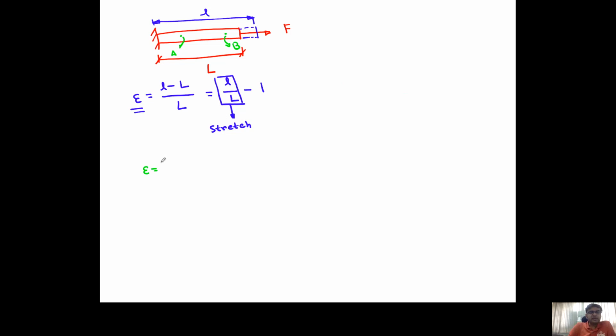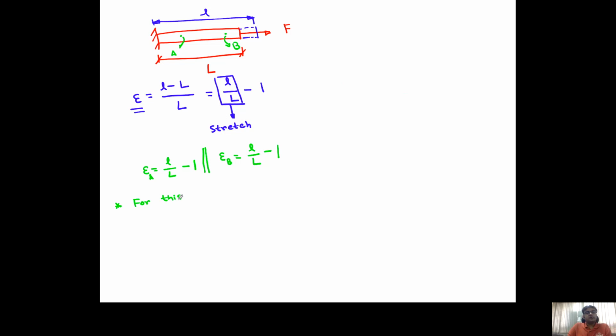The value of strain at point A is l by L minus 1. So this is epsilon A, and then the value of the strain at point B, which is epsilon B, will also be l by L minus 1.